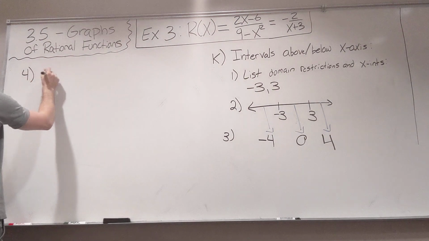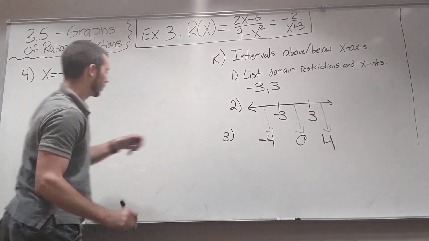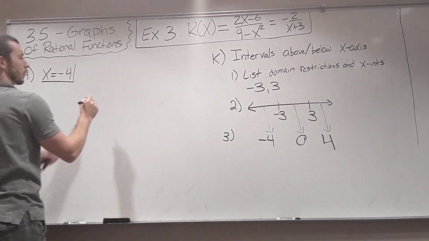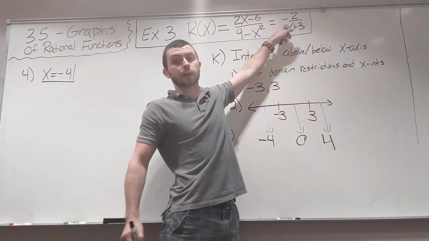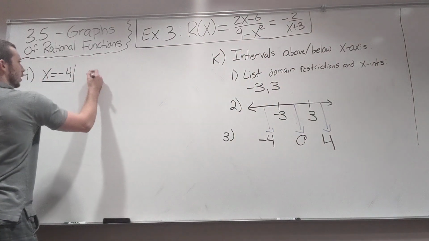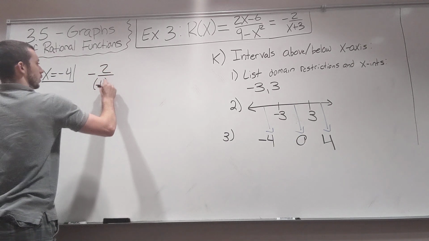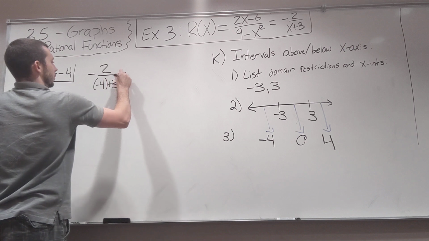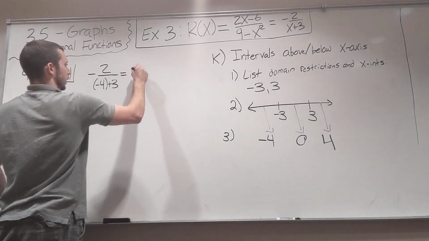We'll plug in x equals -4, the first one, into the now simplified form. So it won't work out too horribly. And from this, it seems like we're going to get a positive number.